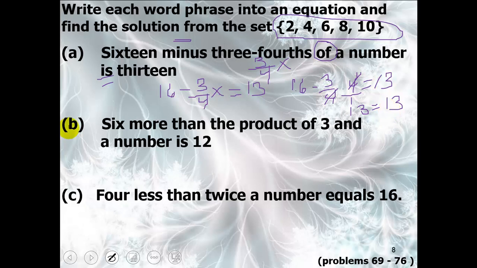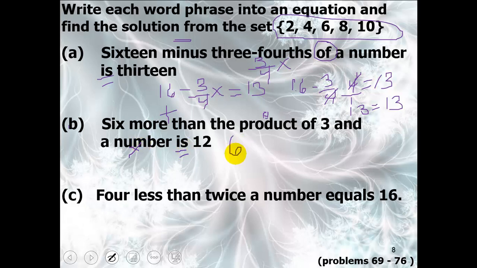Example B, 6 more than, this is saying plus, the product of, product means multiply, 3 and a number. A number, that's what we use our variable for, is, there's our equal sign, 12.